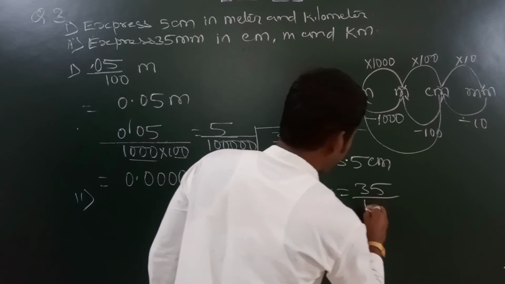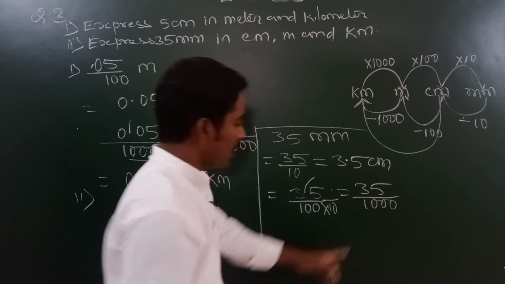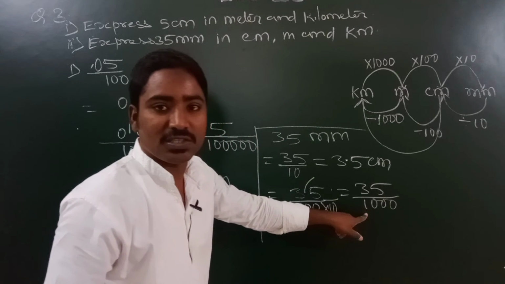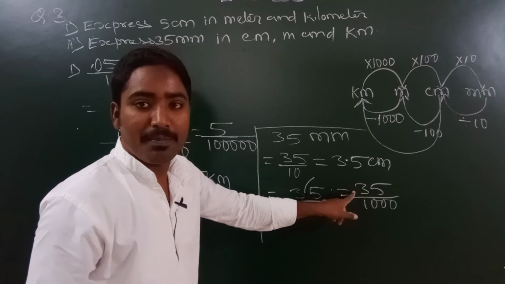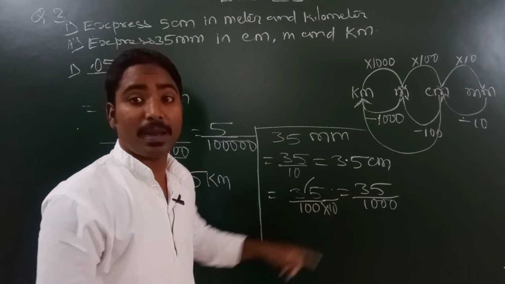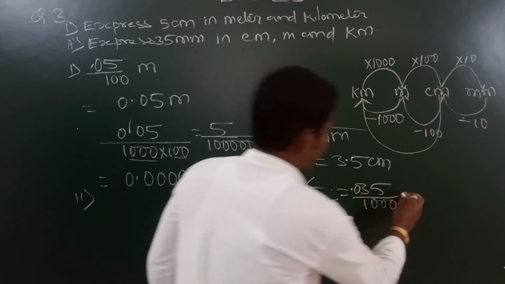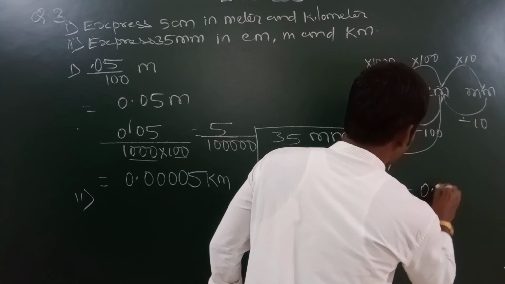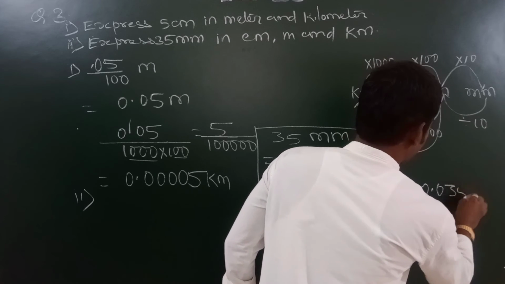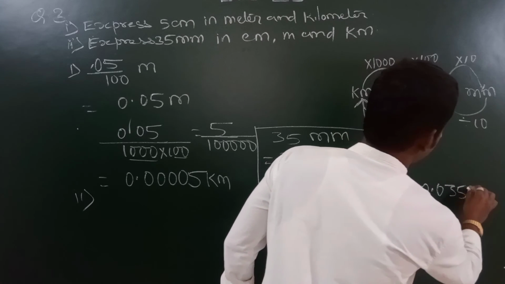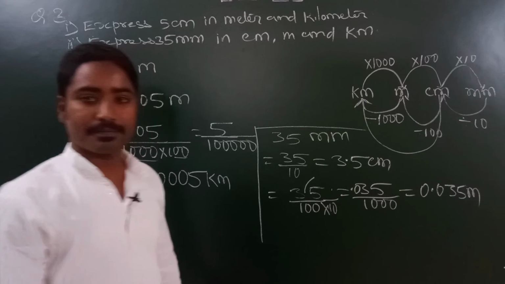Here we are having 1000. Now at the denominator we are having 3 zeros, so we will have to make this numerator a 3 digit number by placing a 0 here, and then we will place the decimal, and finally we can write 0.035. Now we have converted it to meter.